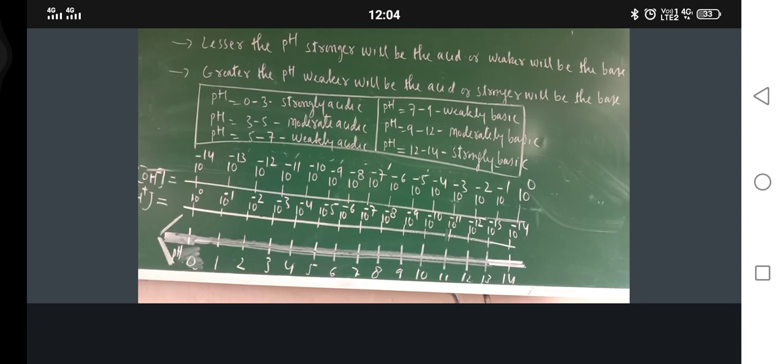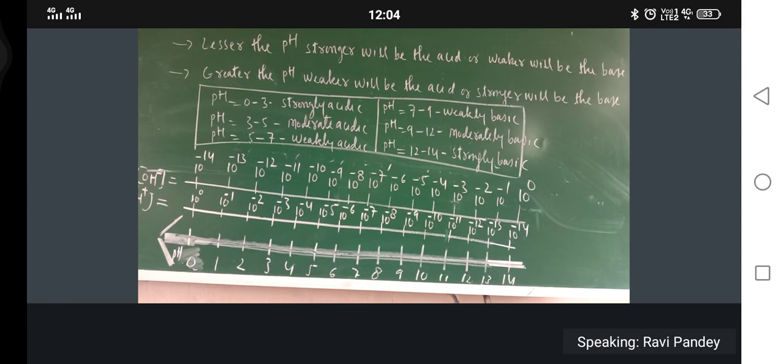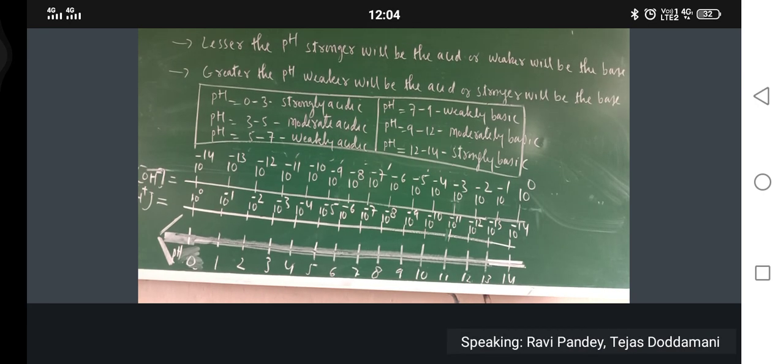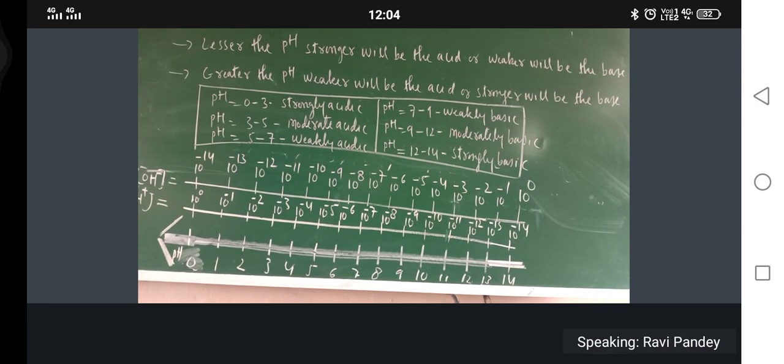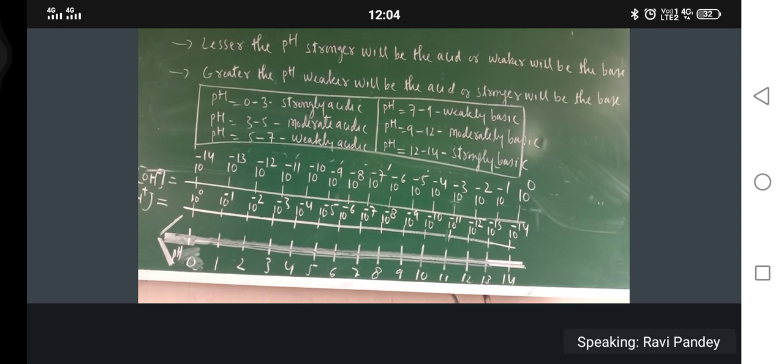If pH equal to 0, H positive ion concentration would be 1. It would be strongly acidic. And OH negative ion concentration would be 10 raised to the power minus 14.